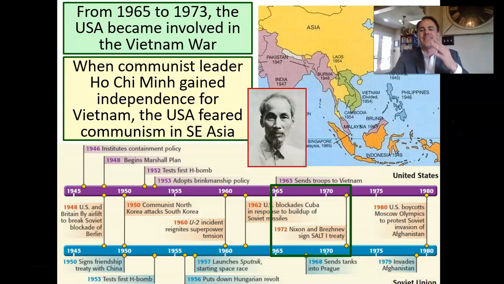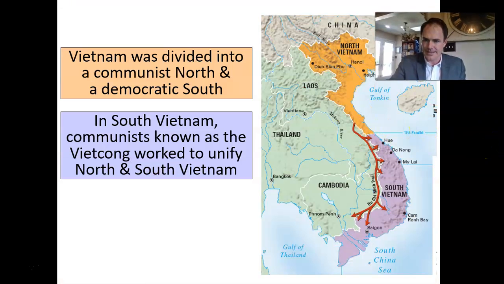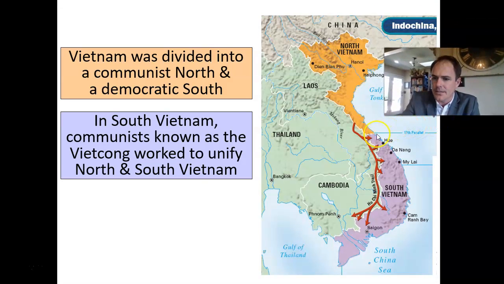I'll get to that in just a minute, but remember, this is an era of the Cold War. The U.S., remember, under the policy of containment, had pledged to stop the spread of communism anywhere it seemed to be spreading. So here's, like I said, Vietnam divided at this 17th parallel into communist North Vietnam.